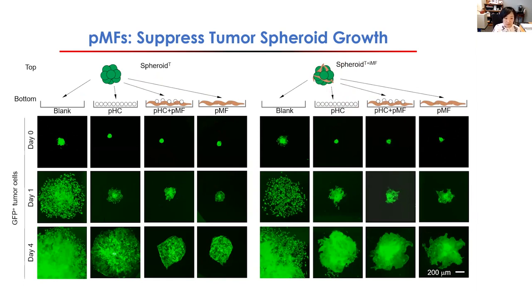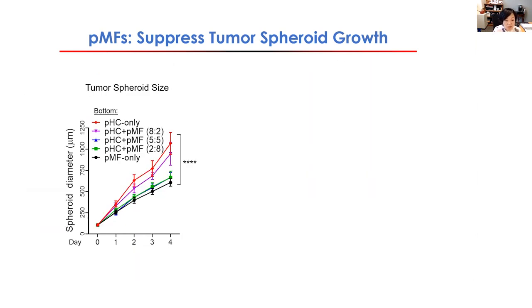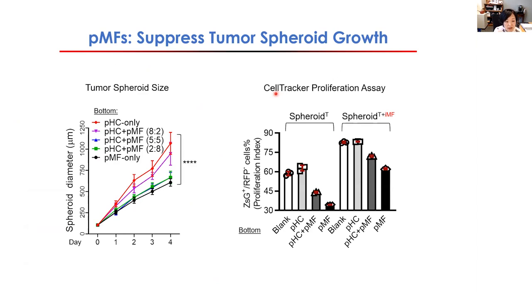And again, of course, the area of the GFP tumor sphere is not a direct representation of tumor proliferation. So we first quantified the size of the spheroids by their GFP fluorescence, and we also did the cell tracker proliferation assay, which I'm not going to get into in detail, but basically we use a dye to indicate cell division.